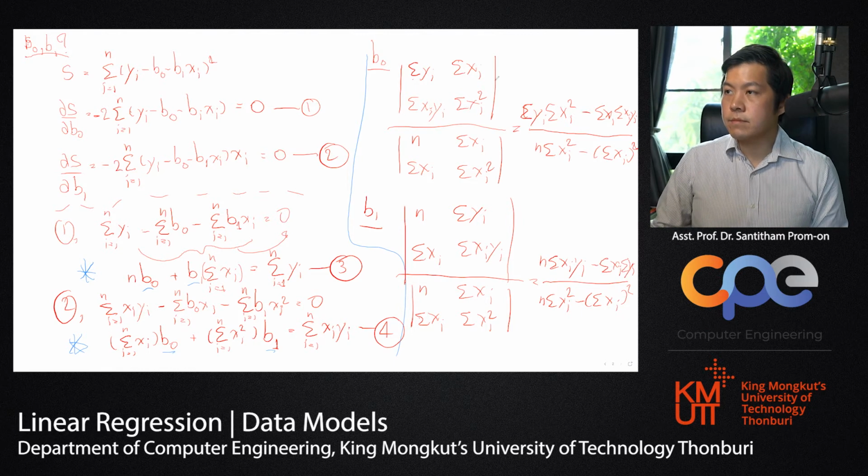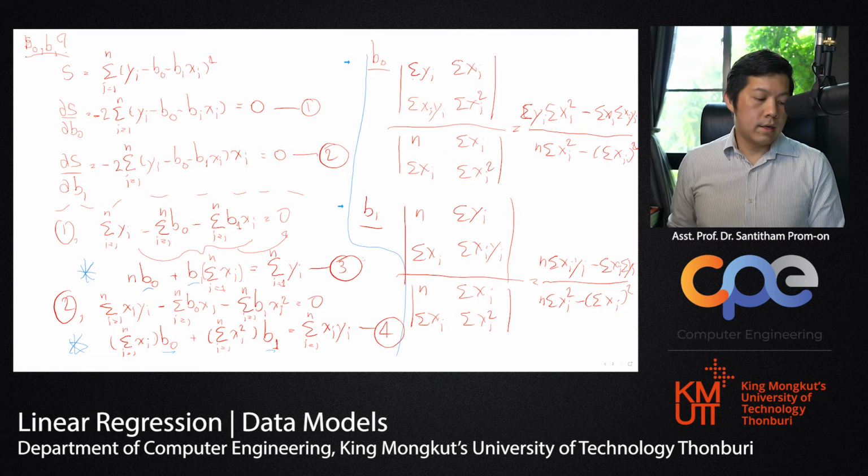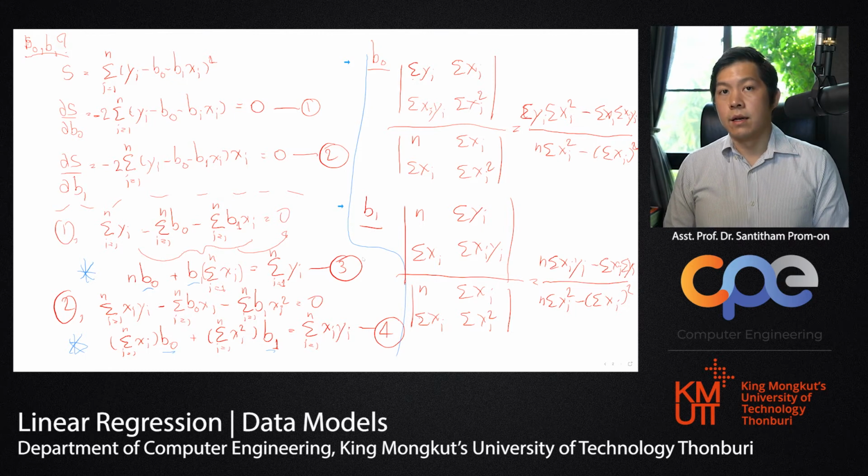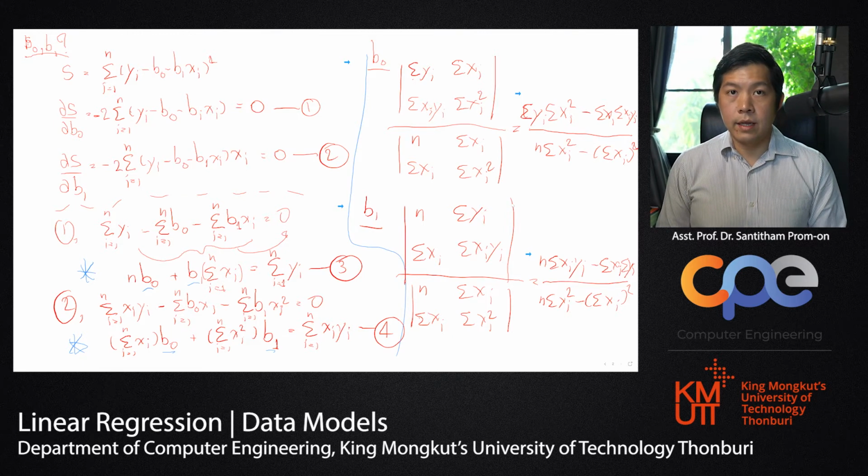Right. So now we have the resulting formulas here and here that you can use to estimate the values of b0 and b1.